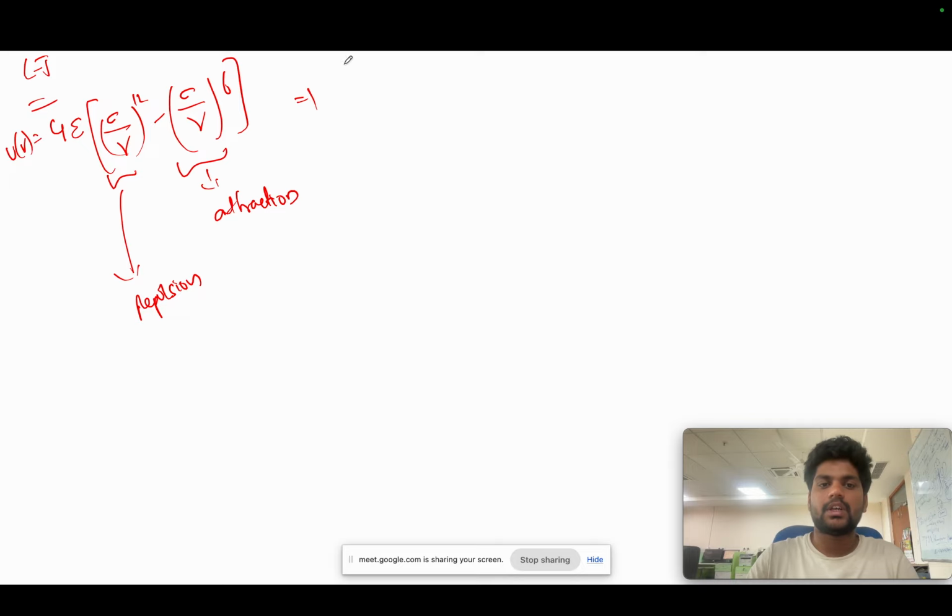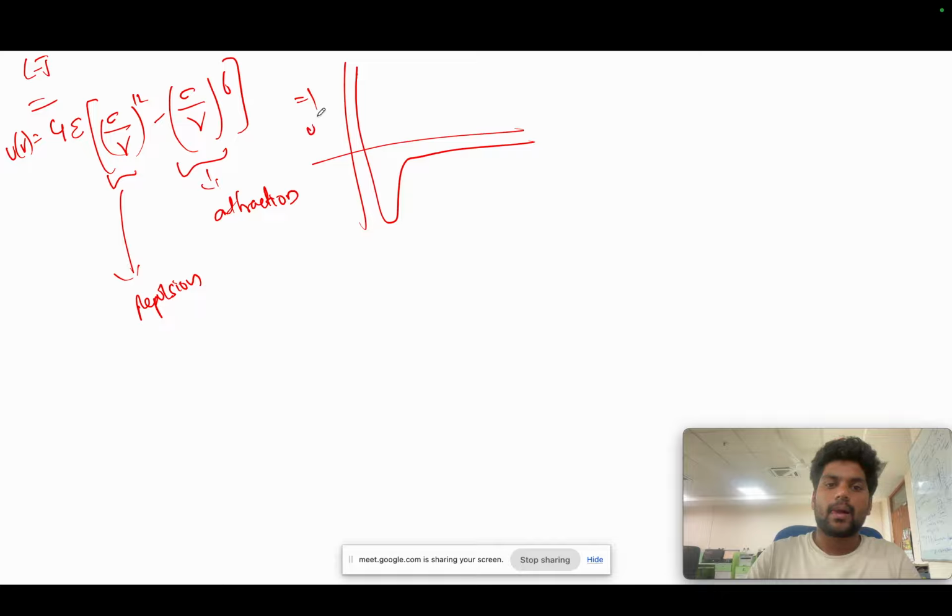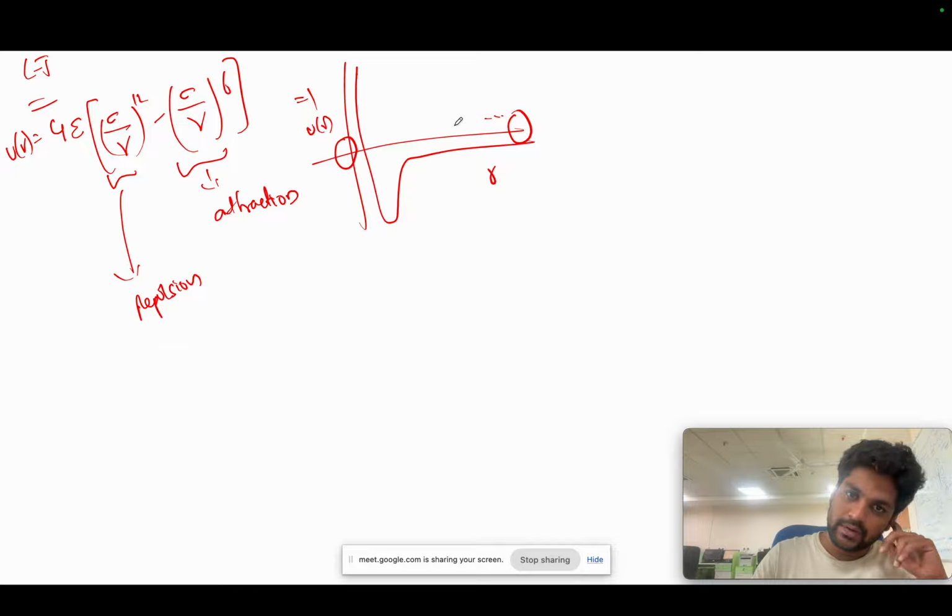So basically if I keep this equation, this is u of r and this is r. If you have molecule 1 here and molecule 2 here, initially they are very far, so it means there is no attraction or repulsion force between these two. So that's why the value is near 0.